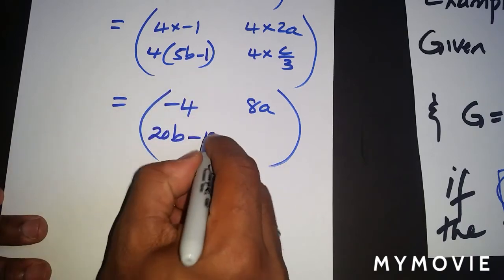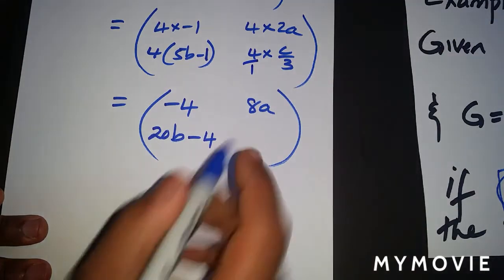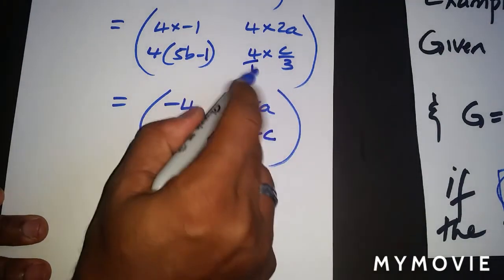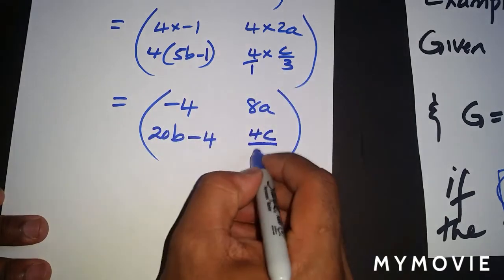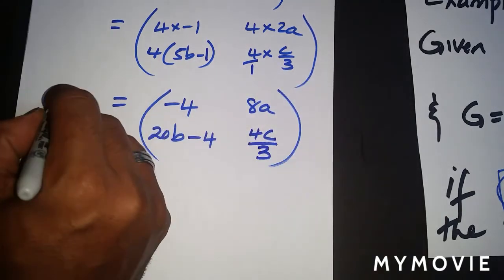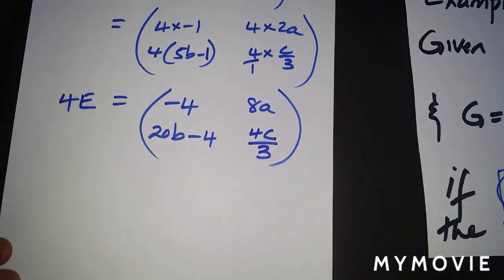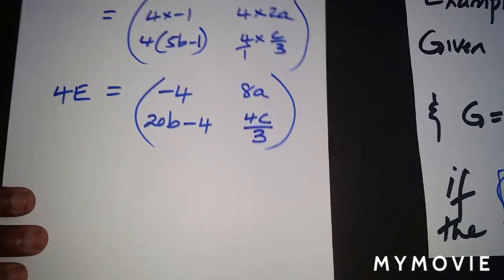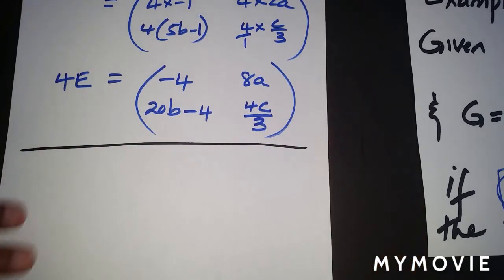And 4 times negative 1 is minus 4. This here is a fraction, so we multiply the numerators together, so 4 times C is 4C, and we multiply the denominators together, so 1 times 3 is just 3, and this is what 4E is going to be equal to. Alright, so let me just draw this line, because we now have 4E.